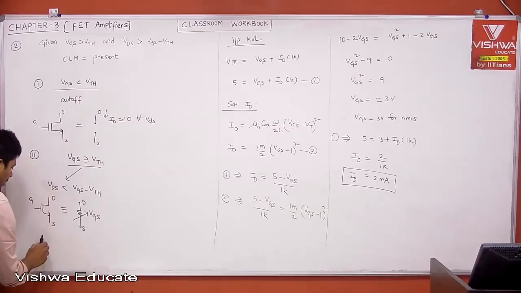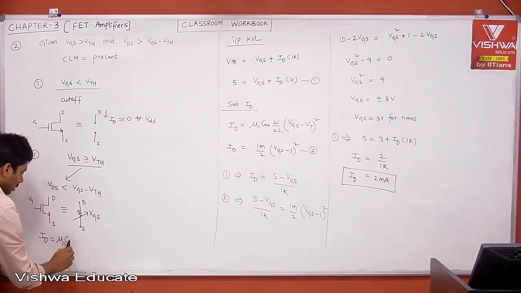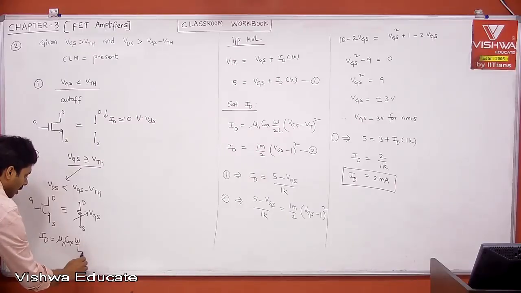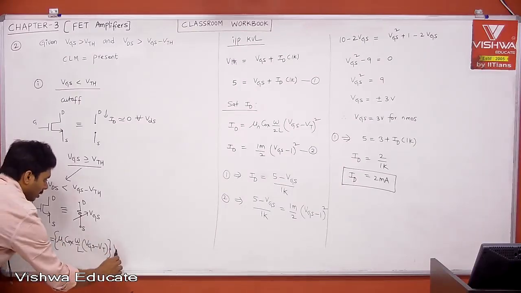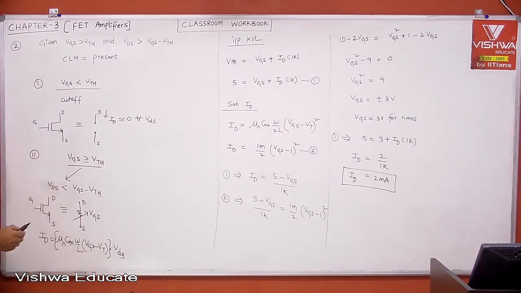Therefore, ID is equal to mu n Cox W by L into VGS minus VT into VDS. This is the linear current equation, because this is in the linear region.